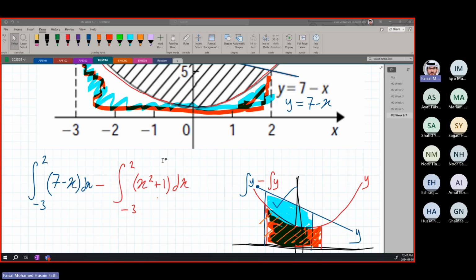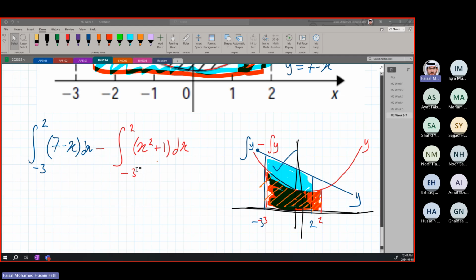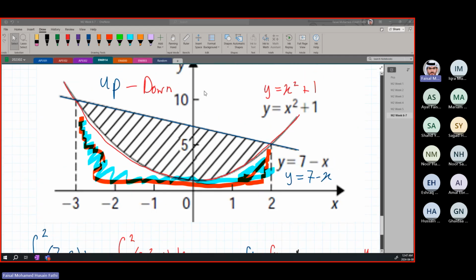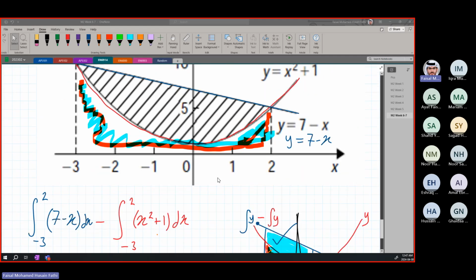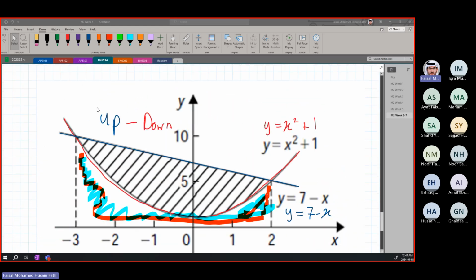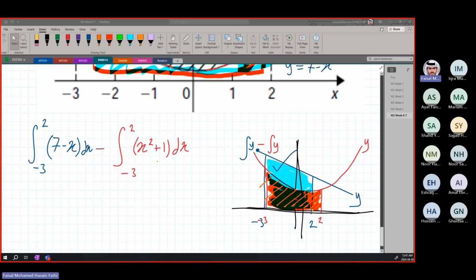In some other cases, you might have multiple different shapes. Like sometimes it goes up and down between two curves. So here we just do up minus down. We're going to follow the same exact concept for other examples as well. Let's look at this example over here.